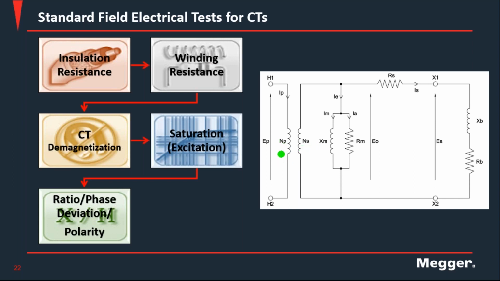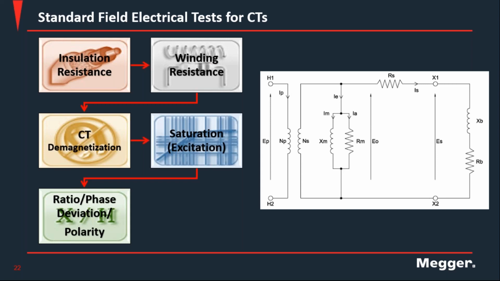And then you're going to have a phase deviation, so it's going to be affected also in phase. So with this, now you can see that we have pretty much all the parameters here in this circuit. So in essence, we can model the instrument transformer, and we can perform calculations from that point on.